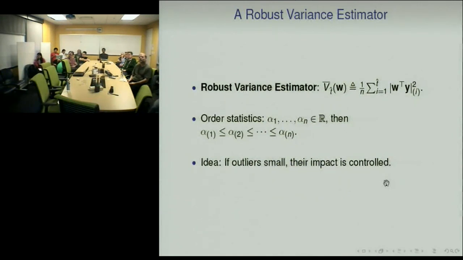So if somebody contributes a lot to the variance, you just throw it away. That's called a robust variance estimator. The reason is that the breakdown point of this very simple estimator is not O of 1. It depends on how many points you take.